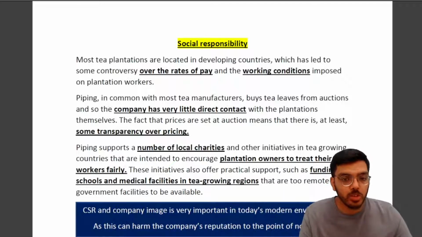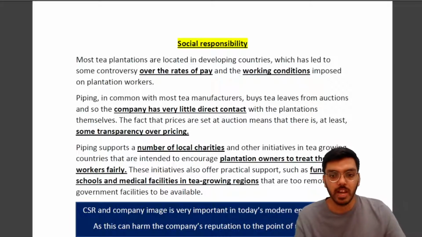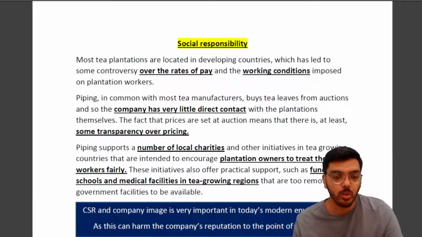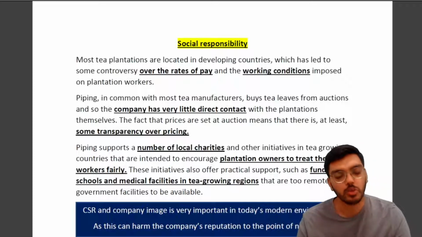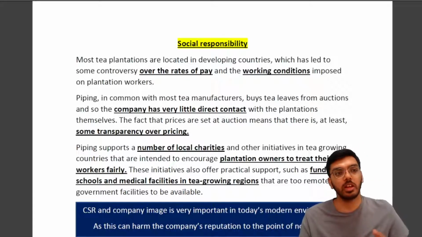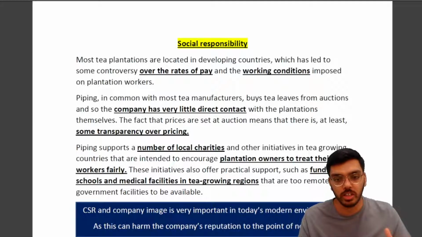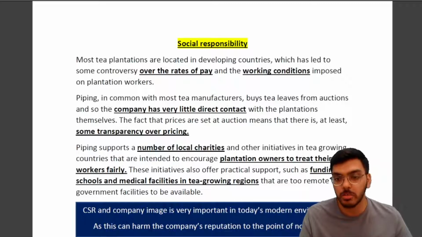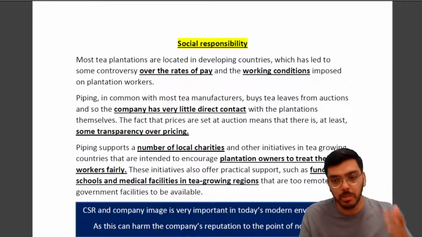Now, Piping supports a number of local charities and other initiatives in tea growing countries that are intended to encourage plantation owners to treat the workers fairly. Social responsibility, social concern, and just being an organization that cares about the environment, cares about where its inputs come from, is seen as a very big competitive advantage in today's modern world.